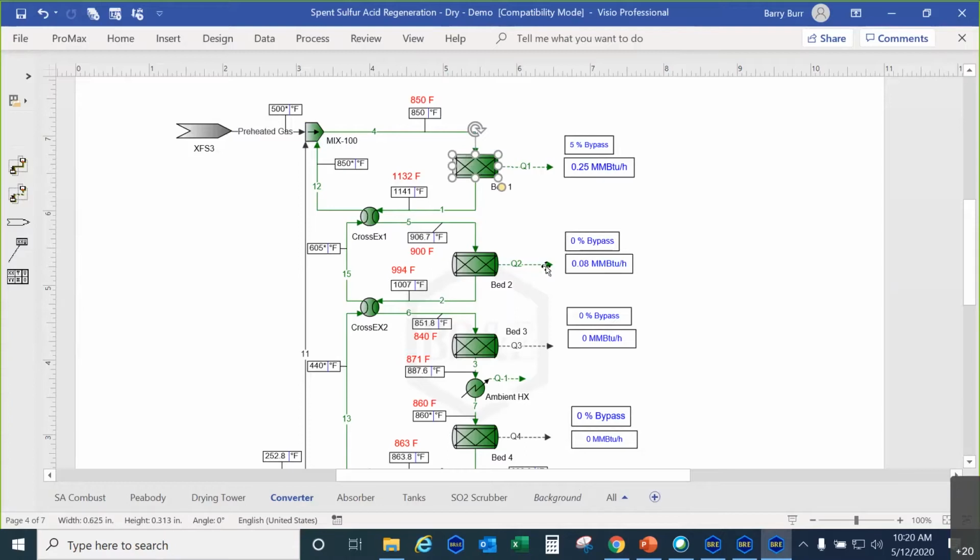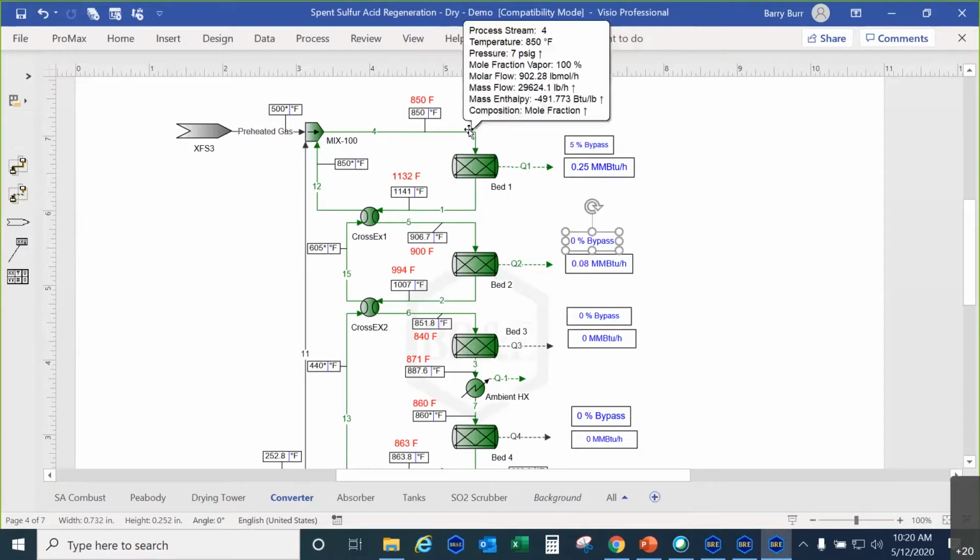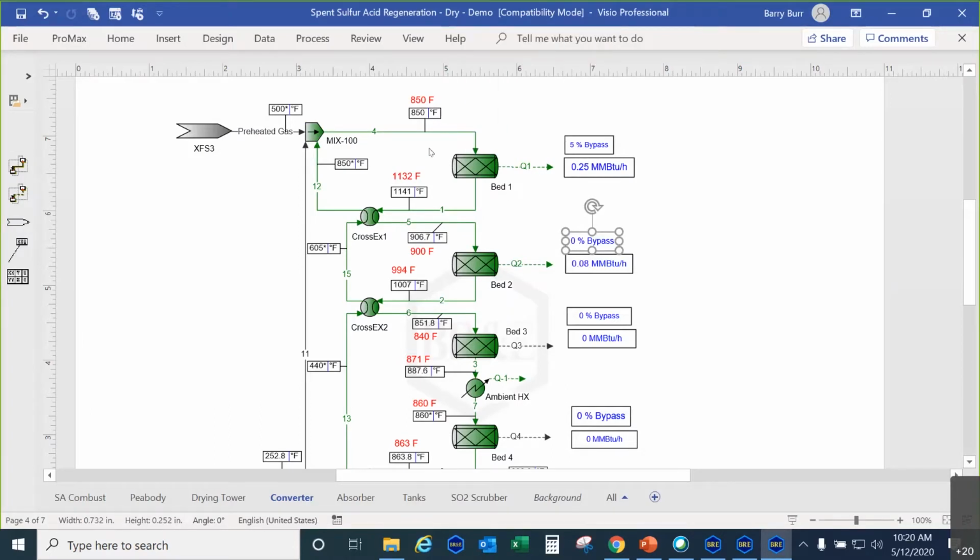I think technically there's supposed to be some small approach to equilibrium on all of these, but I was able to best match the plant data with these bypass fractions. And what the bypass fraction means is that it pretends that 5% of the inlet is just bypassed around the reactor and then remixed with the outlet. That's what a bypass fraction does for you. So this would be almost like saying you have 95% conversion.